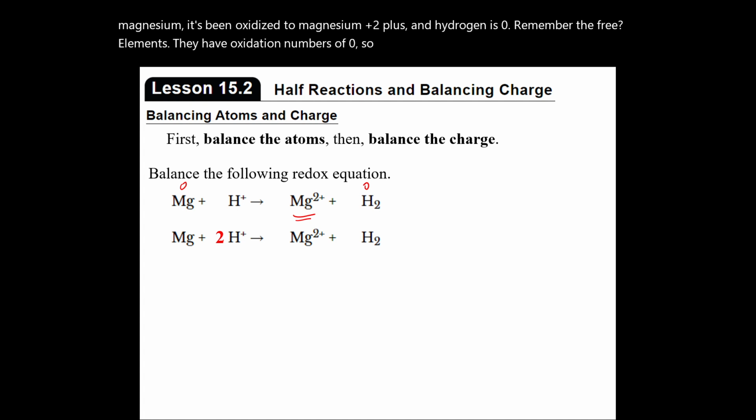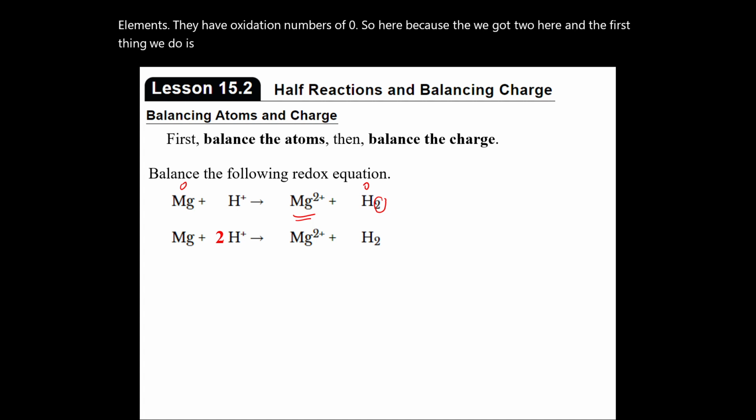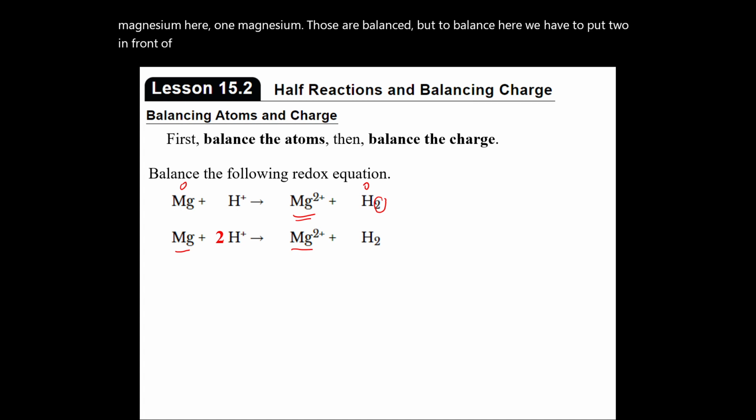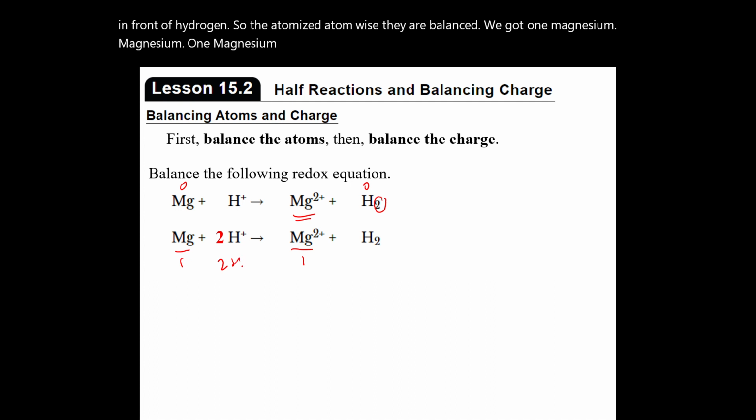So the first thing we do is to balance the atoms. The magnesium is fine, we got 1 magnesium, 1 magnesium. But to balance the hydrogen, we have to put 2 in front of hydrogen ion. So atom-wise, they are balanced: 1 magnesium, 1 magnesium, 2 hydrogens, 2 hydrogens.